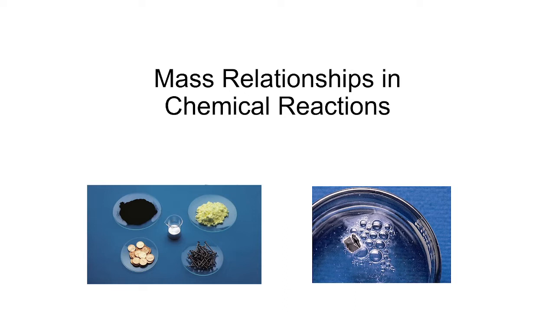By matter definition, as we have defined matter, it is anything that has mass. And by mass, we will be looking into mass as it presents itself in chemical reactions.